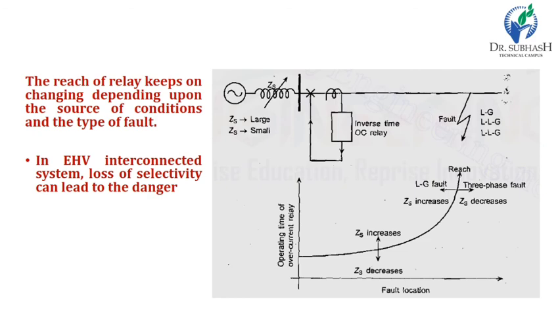So in an EHV line, if all the interconnected systems are working normally, and when a fault occurs, like LG, double LG and LLG, and if our overcurrent relay does not select the proper fault due to problems of reach, then the system can lead to a dangerous condition, because the most important thing is reach.